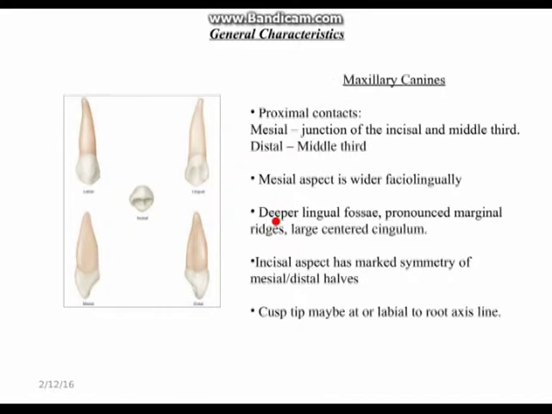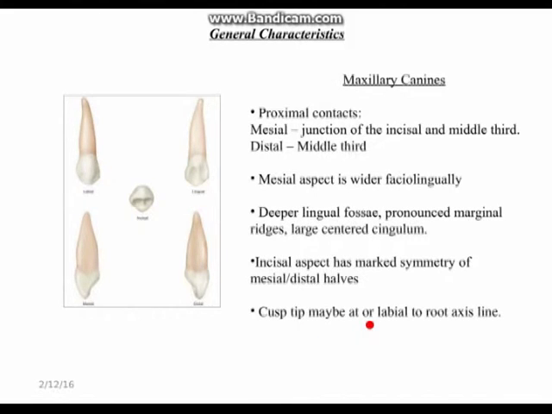It has a deeper lingual fossa, pronounced marginal ridge, large centered cingulum, unlike the mandibular, where the lingual is kind of flat and the cingulum is kind of off-centered. Incisal aspect has marked symmetry of mesial and distal halves. Okay, so this is the incisal aspect, and it has a marked symmetry of mesial and distal halves.